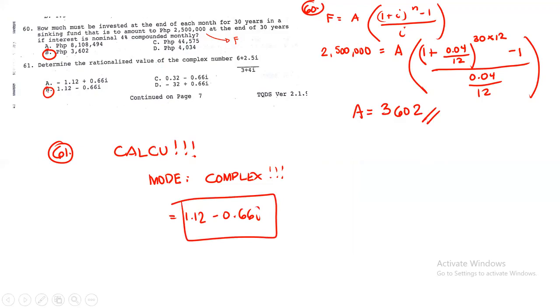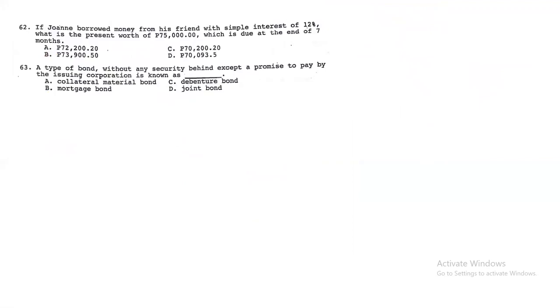So, next, 62. If Joan borrowed money from his friend with simple interest of 12%, what is the present worth of 75,000 which is due at the end of 7 months? Itong 62, medyo madali lang din. Hindi siya annuity, simple compounding lang siya. So, F is equals to P times 1 plus in. Ang hinahanap natin dito, present worth.